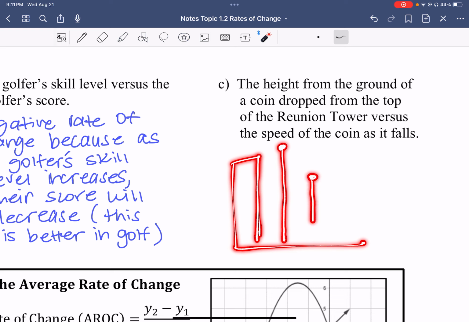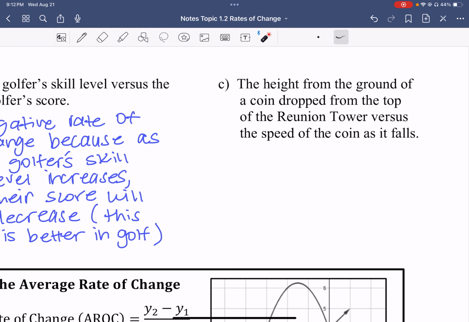But as the coin falls, my height from the ground is decreasing. It's getting smaller and smaller and smaller. So I already know one of my variables is going down. My height is going down. Now, speed, as a coin falls, is going to gain momentum, and that speed is going to increase. So this one is also going to have a negative rate of change.